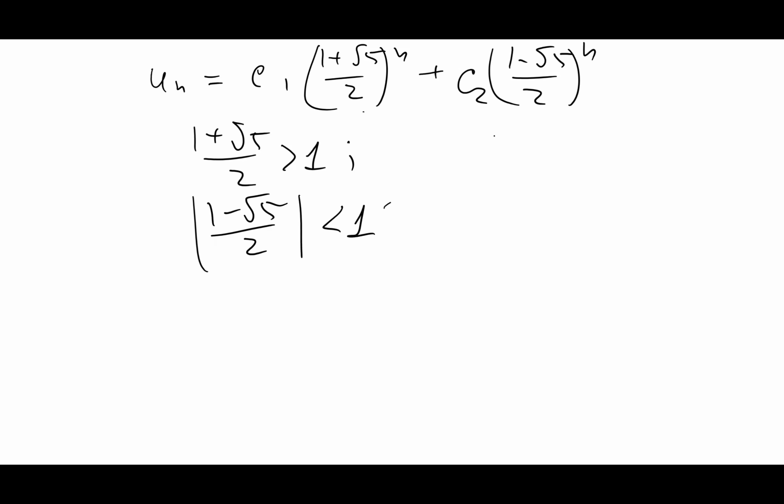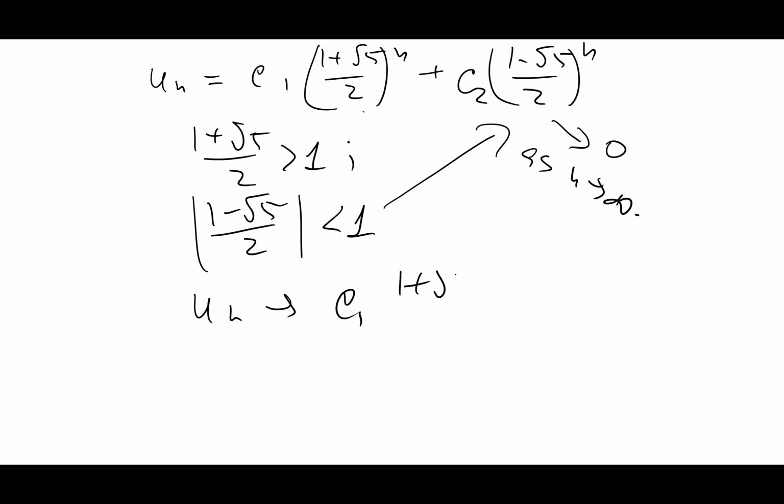And therefore this tends to 0 as n tends to infinity. So in the long run, un tends to c1 times 1 plus square root of 5 over 2 to the power of n, when n tends to infinity. So this is one observation.